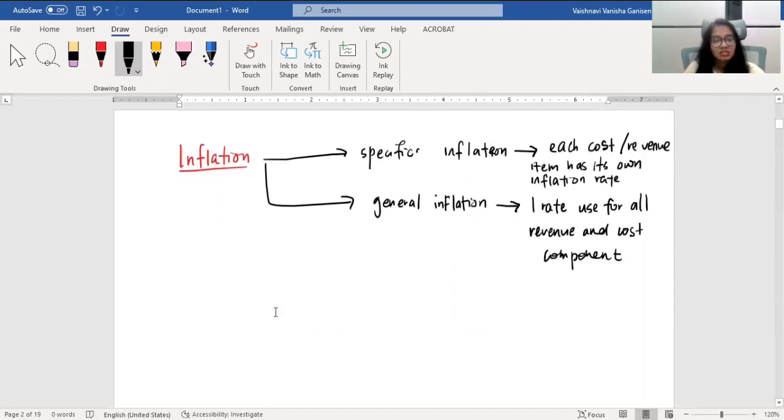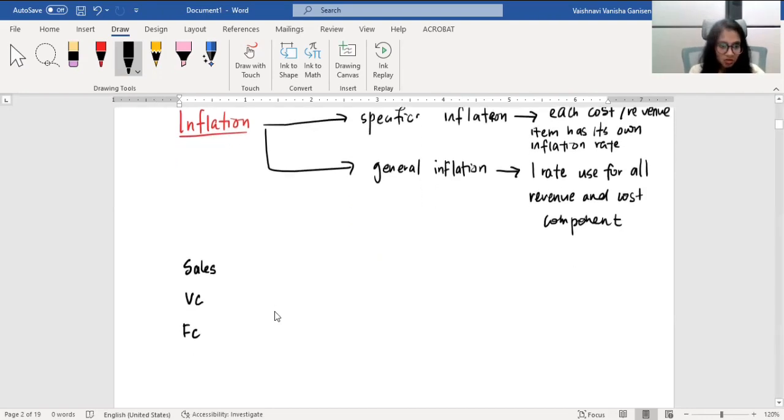I'm just going to give you an example. If the examiner says sales price, variable cost, fixed cost, and working capital, maybe I will write it as working capital for now since you guys may not be aware yet.